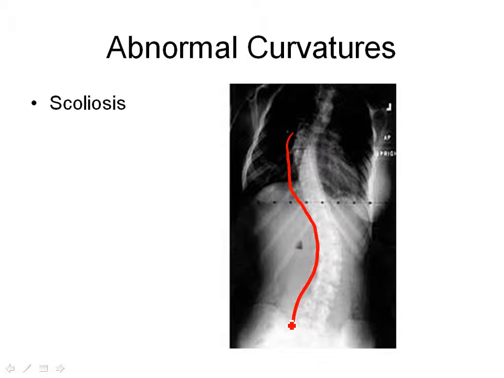Scoliosis is a more common condition that appears before adolescence, generally a result of damage to the supporting muscles along the spine. So again, we have what's called a lateral curvature of the spine, this side to side curvature.